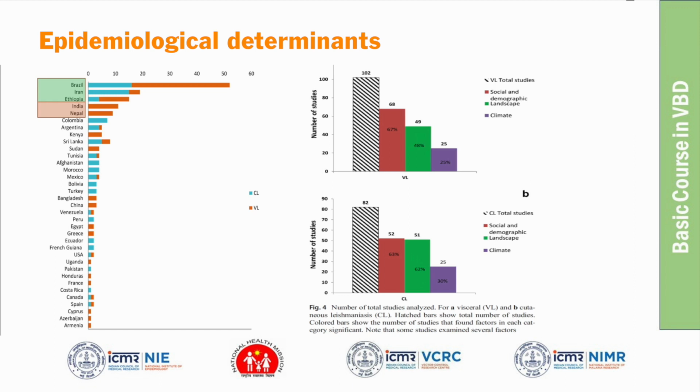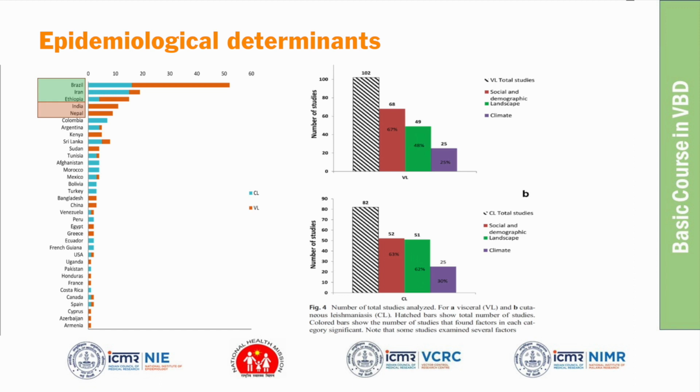These studies suggest that, out of 102 studies conducted, 68 say that social and demographic factors contribute significantly to the number of cases, then secondly the landscape, and then the climate parameters contribute to the epidemiological patterns in different countries. The first one shows VL, the second one shows CL.